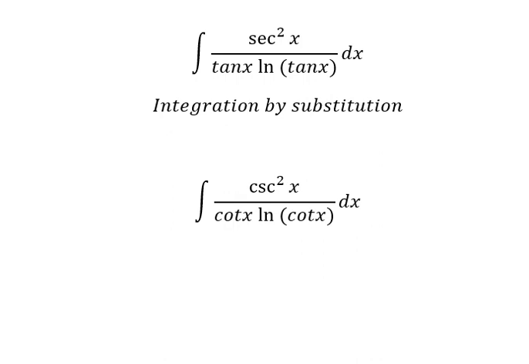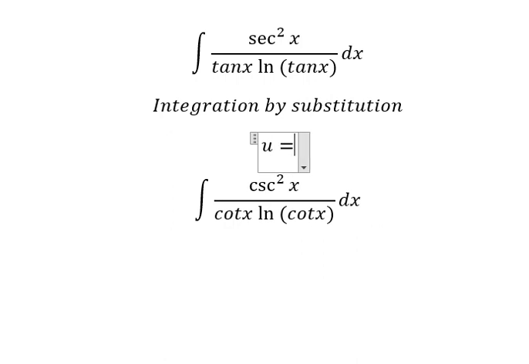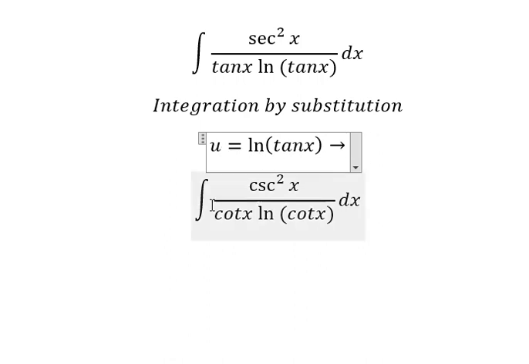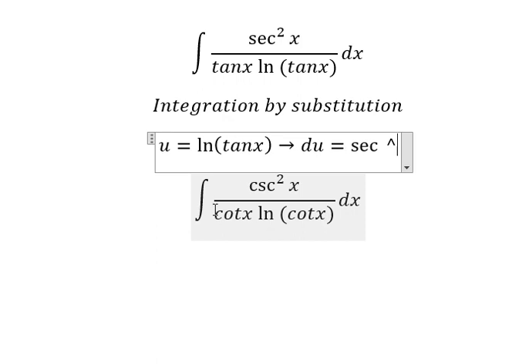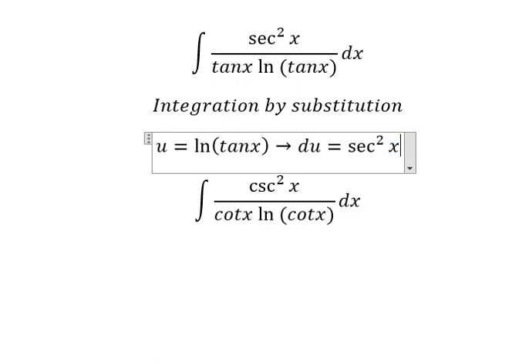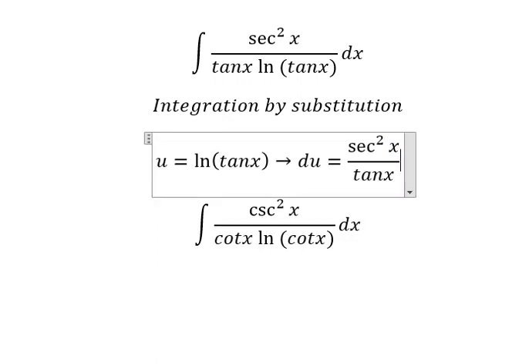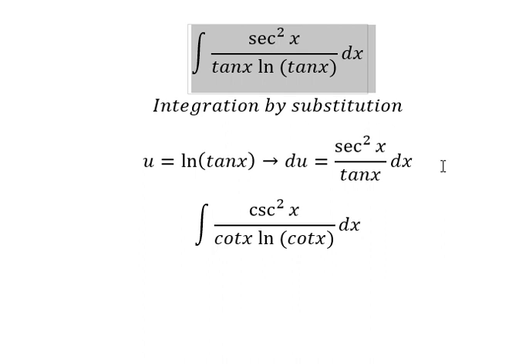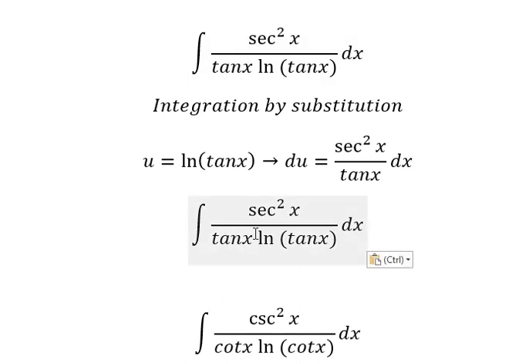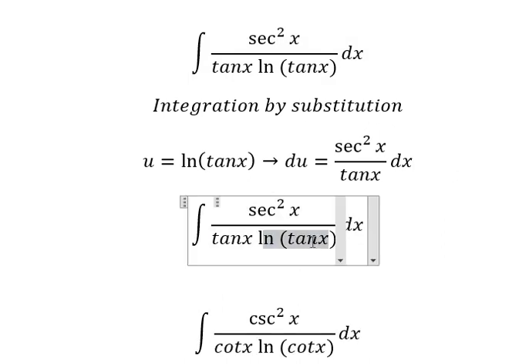So I will put u equal to ln of tan x. After that, we need to take the first derivative of both sides, and we have it like this. So this one we change for u.